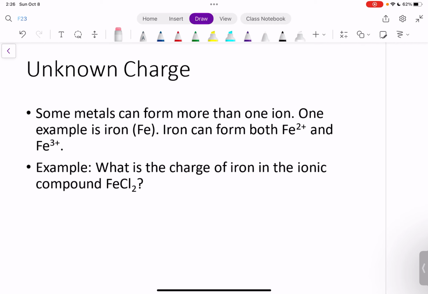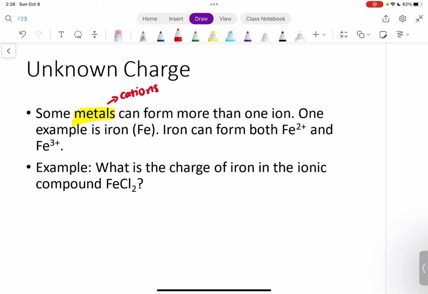But some atoms, specifically transition metals, the short columns on the periodic table, many of those can form more than one ion. So for example, iron can sometimes be 2+ and sometimes be 3+. They're always cations, okay? All of these are metals, so they're forming cations.